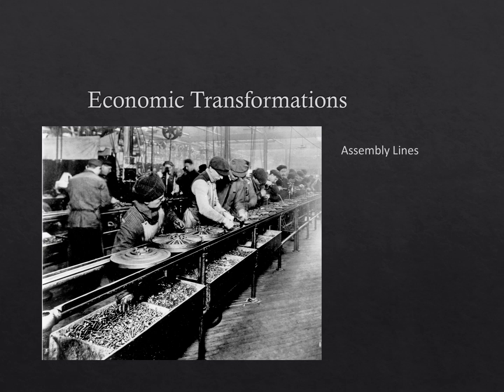There are also some economic transformations that accompany the Second Industrial Revolution. And these are more in terms of finance and organization. And so the first one that I want to focus in on is the assembly line. This is popularized by Henry Ford, although it borrowed off of earlier developments.